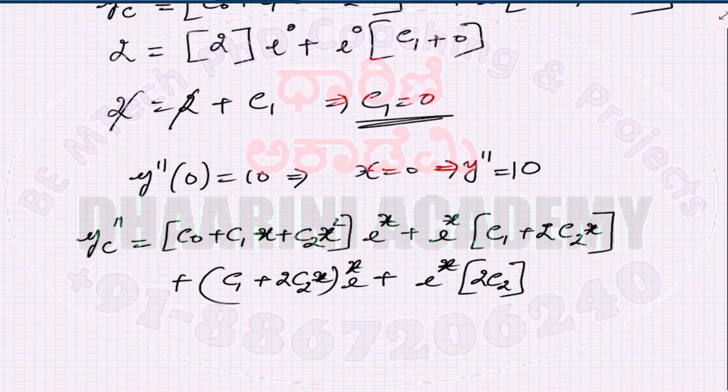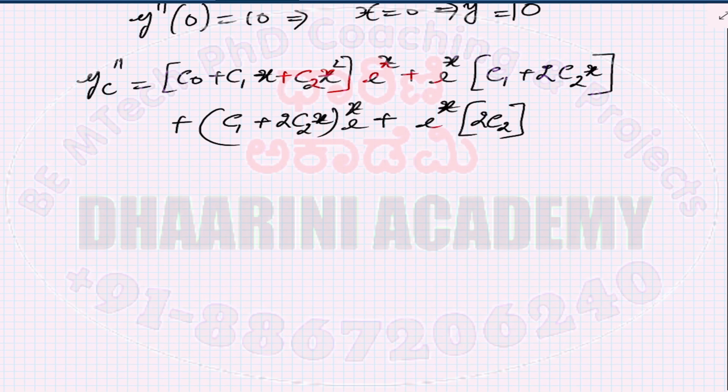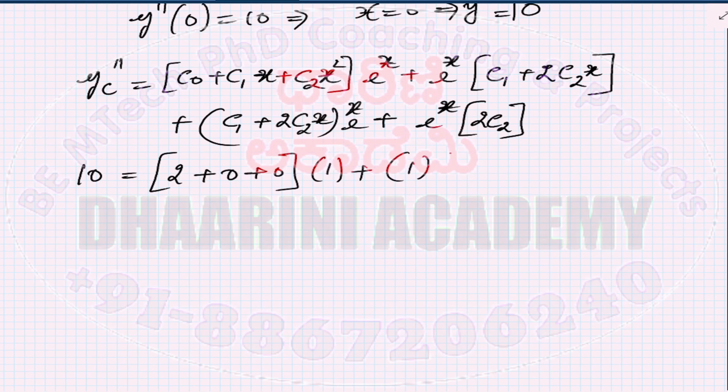Okay. Now they say that when x equal to 0, the left hand side becomes equal to 10. So 10 is equal to, I can substitute the value of c0 and c1 because you know the values. So c0 is equal to 2 plus 0 plus 0, e to the power 0 is equal to 1, plus 1 into c1 is equal to 0.